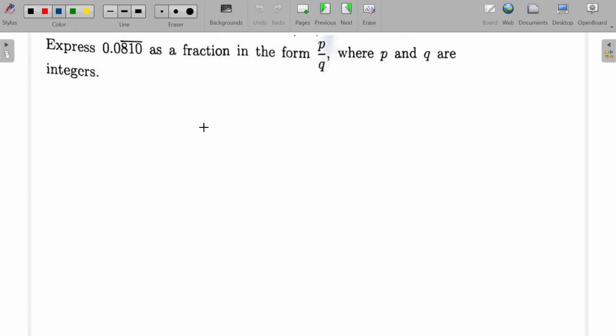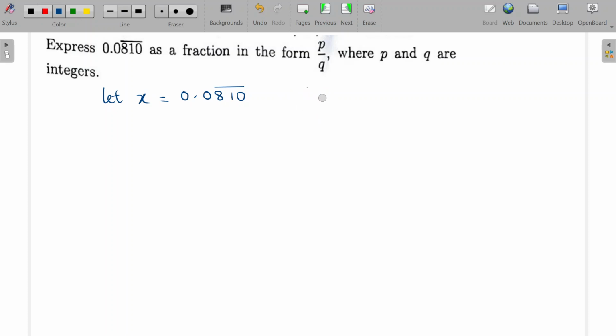When you're given this question, you just let x be equal to this expression, 0.0810 with a bar.